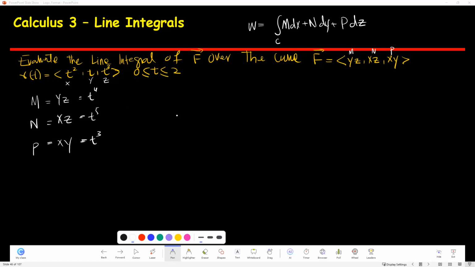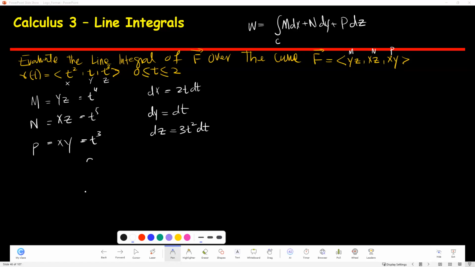So everything is just like that. Then I'm going to take dx, dy, dz. If I take dx, it's going to be 2t dt. dy is going to be just dt. And dz is going to be 3t squared dt.